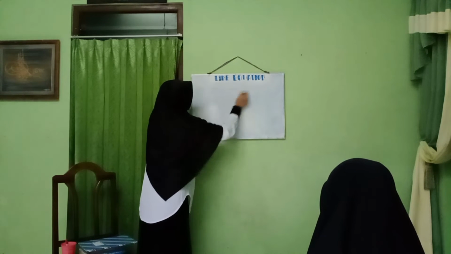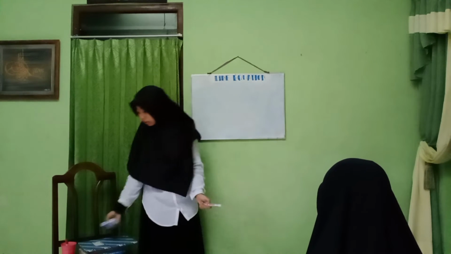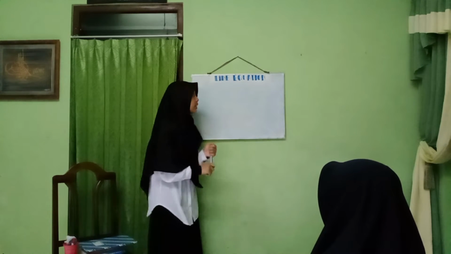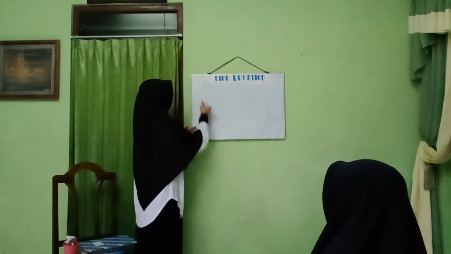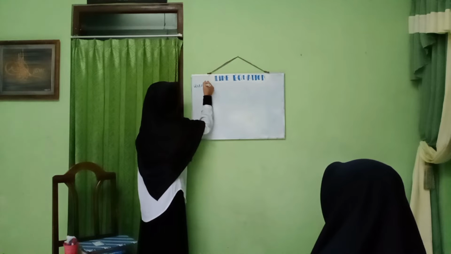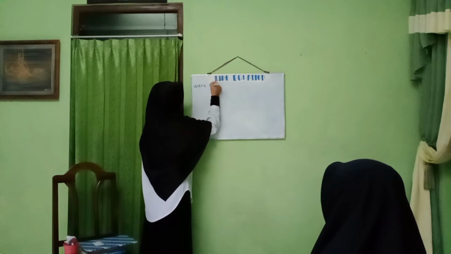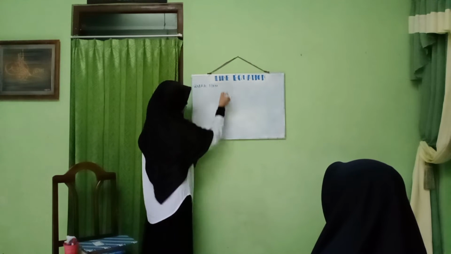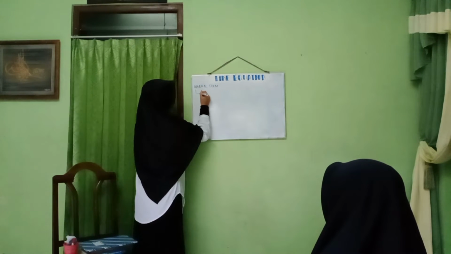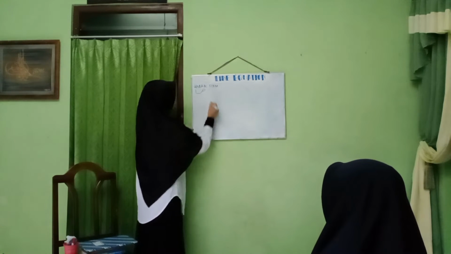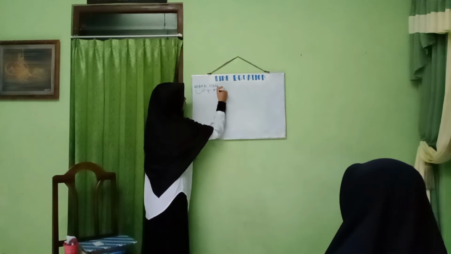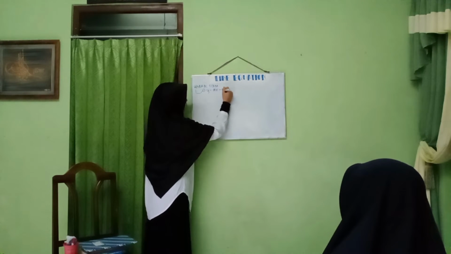And after this, we're going to talk about the general form of the line equation. We have two general forms. The first general form is y is equal to mx plus k.